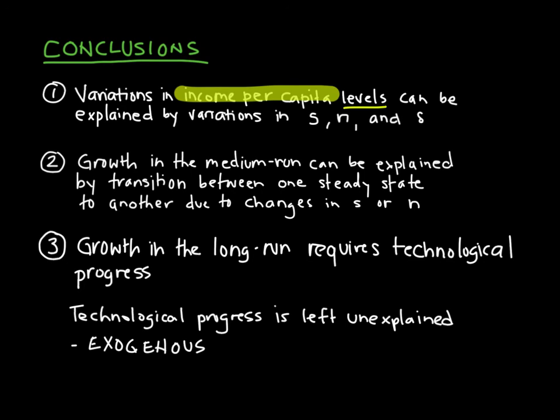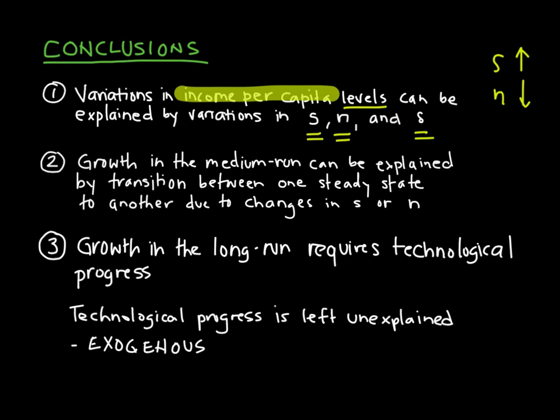According to the Solow growth model, the differences in income per capita levels across countries can be explained by differences in the savings rate, in the population growth rate, and maybe the rate of depreciation, although we usually think of that as being constant. If you go back and look at some of the previous slides, you can see that rich countries will have a higher S and a lower N than less rich countries.